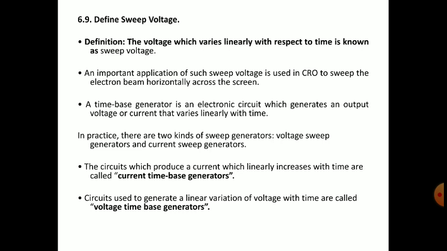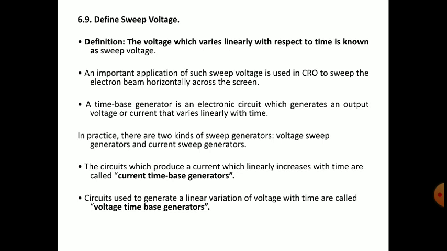Then only the voltage we display on the CRO should be neatly visible and easily calculable. The sweep voltage is used in the CRO to display the waveform. The waveform we display should vary linearly with respect to the time axis. Then there will be a beautiful display of the waveform.